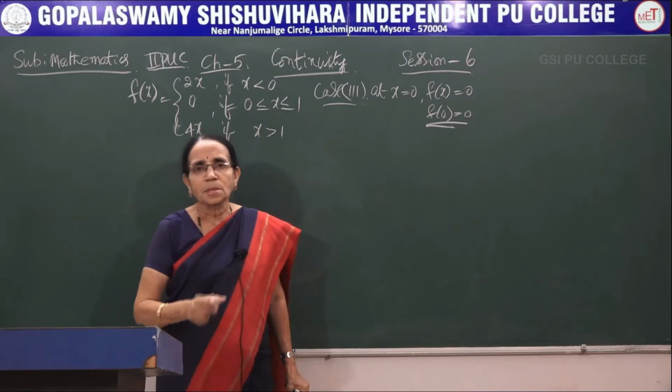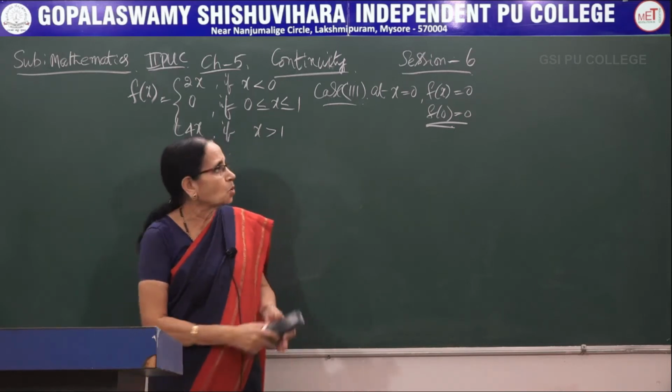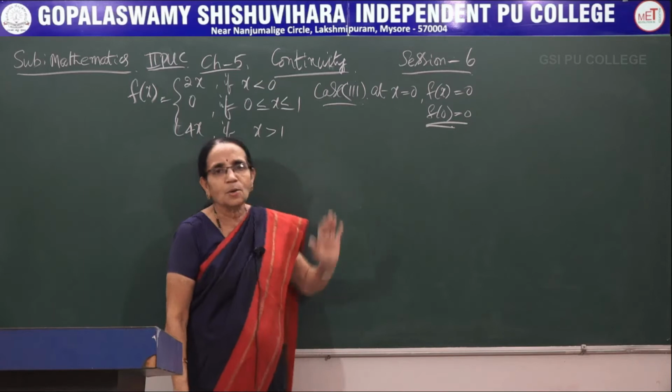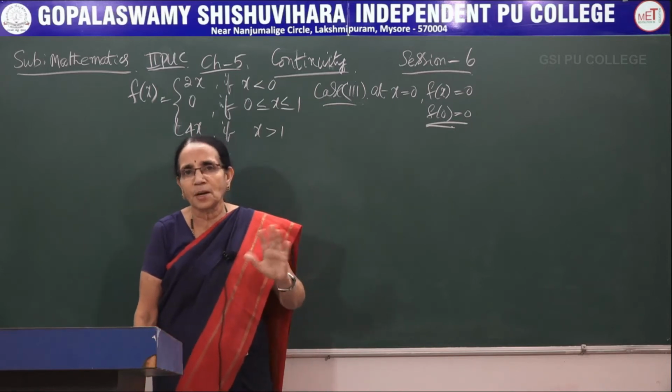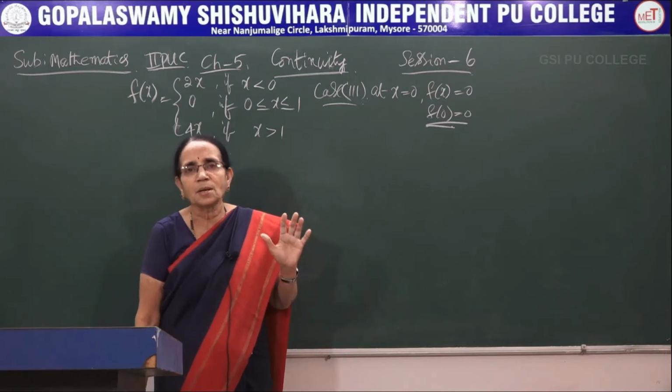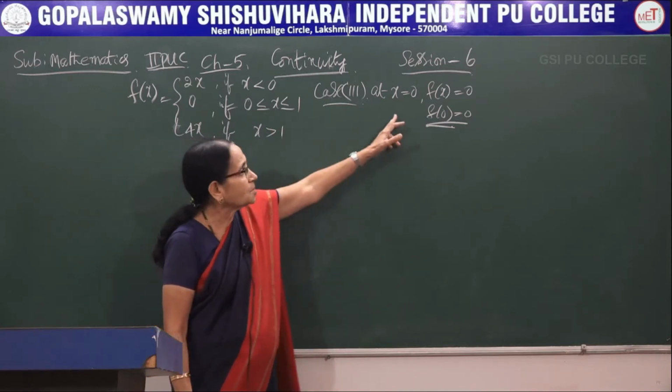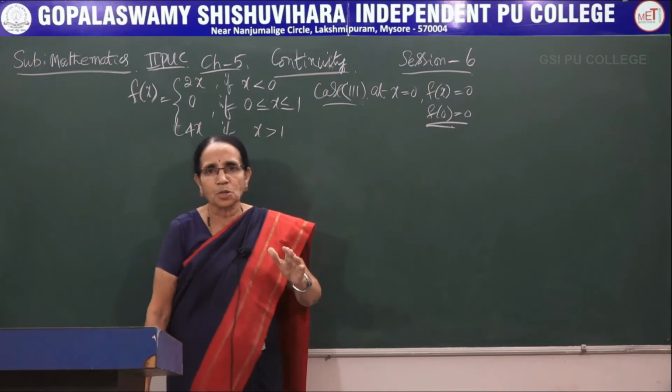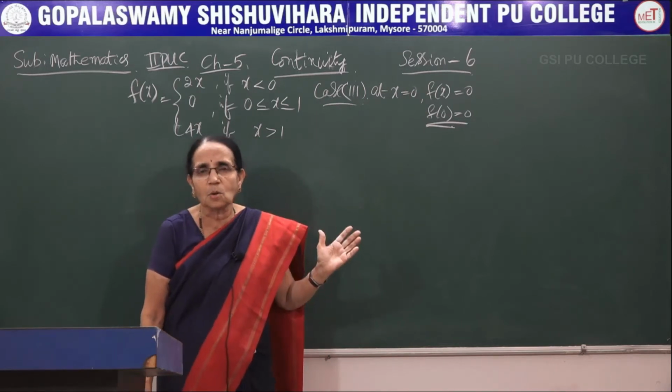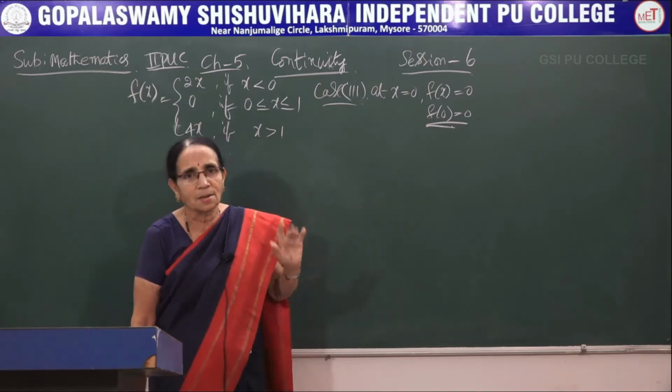Now here, while working out the problems, I told you, when a particular value is given, if the function is defined in two different ways, we have to calculate the left hand limit as well as the right hand limit, because this number 0 can be approached through the values less than 0, through the values greater than 0.